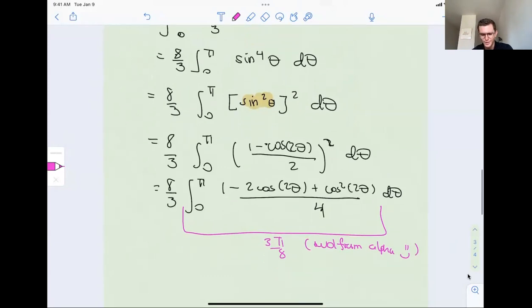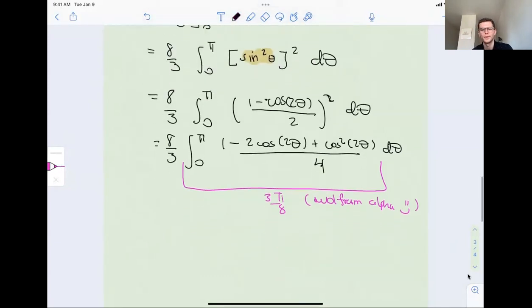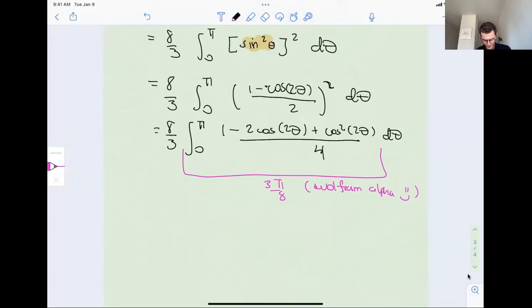Even sine to the 4 is probably a bit too much. Ooh, and that cancels the 8/3. That's cute, and then you get pi.